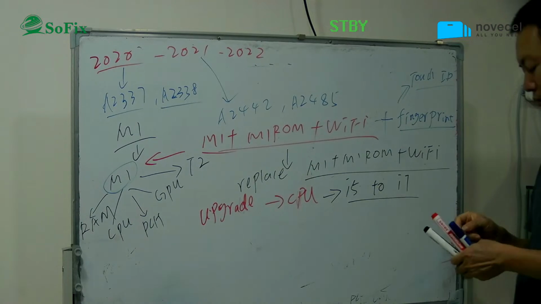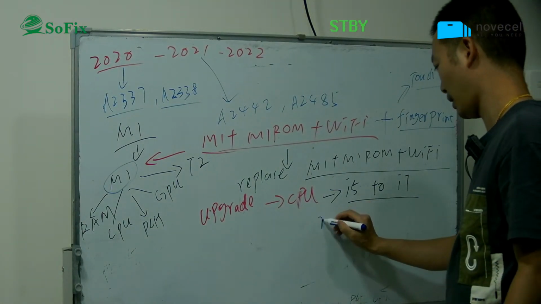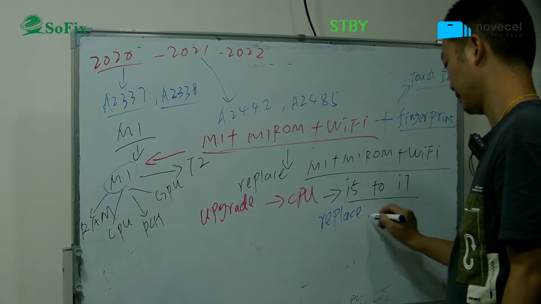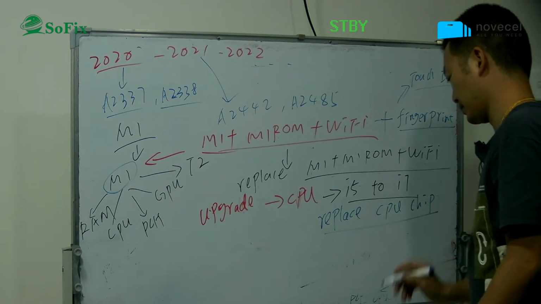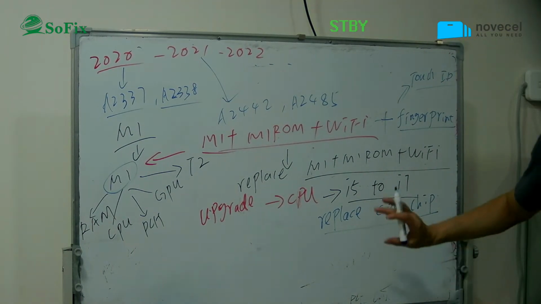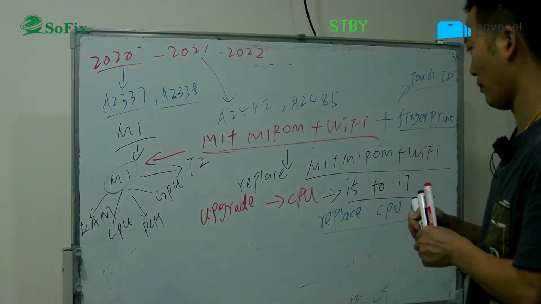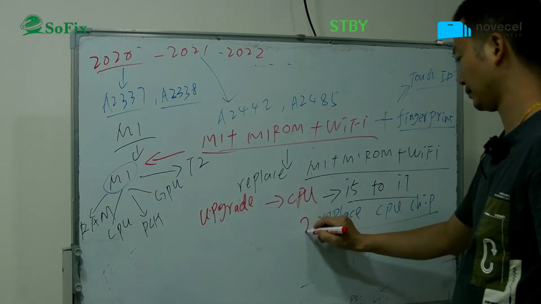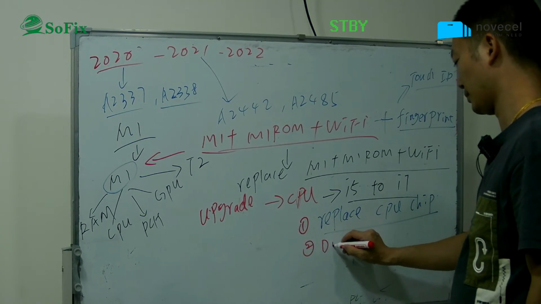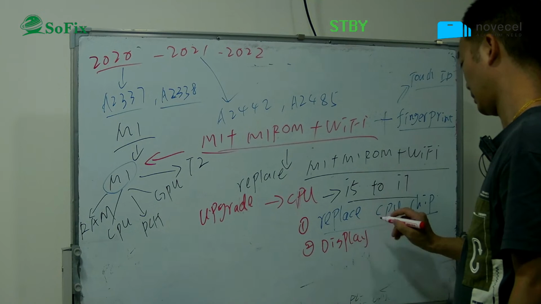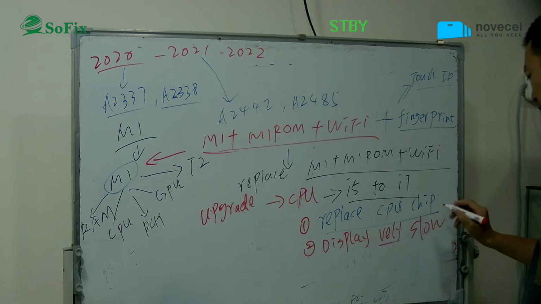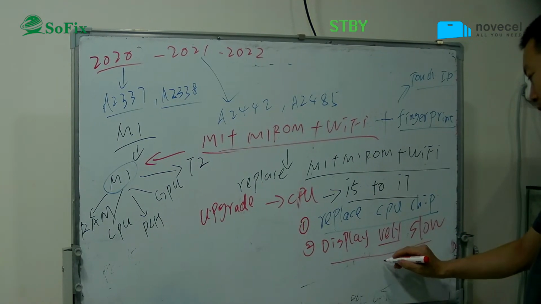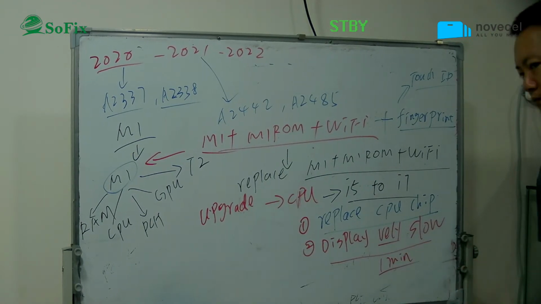The problem is when you replace the CPU chip, the display is very slow. It takes a very long time to display, maybe 1 minute or 40 seconds, and then it can show the image.